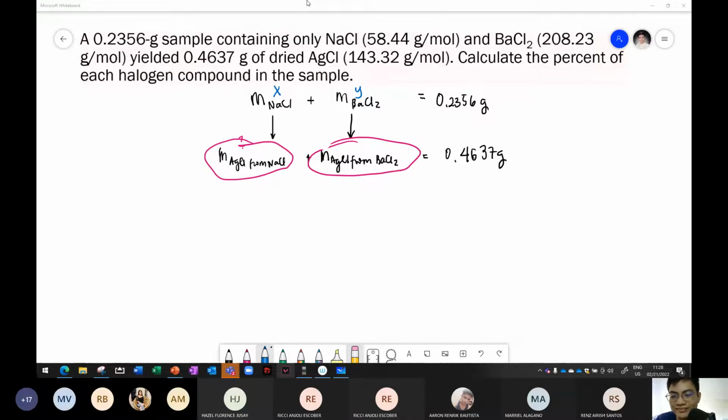No? Okay? Huwag kayong matakot ha. Tandaan ang gravimetry ay stoic lang yan. Okay? Medyo maraming technique nga lang na kailangan gawin. Okay? So yan yung first kong gagawin. I will let the mass of NaCl as X, the mass of BaCl2 as Y.